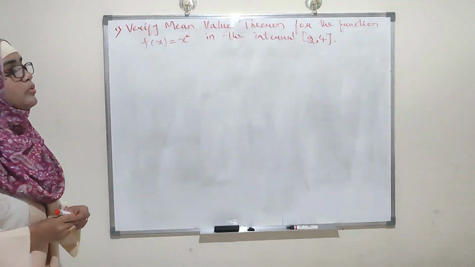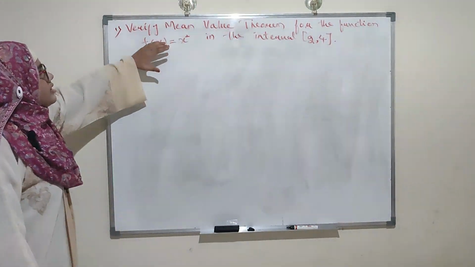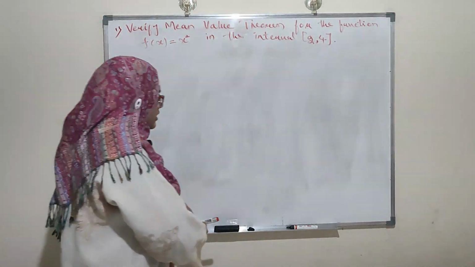A function is given to you and the interval is given to you, 2 comma 4. So we have to verify the mean value theorem for this function. So write down solution.